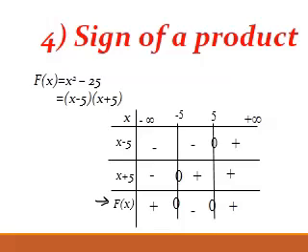And now you discuss: if I want the product negative, the interval is going to be from minus 5 till 5. If I want the product positive, then it's from minus infinity to minus 5, union 5 to plus infinity. So as you see, I can represent them.